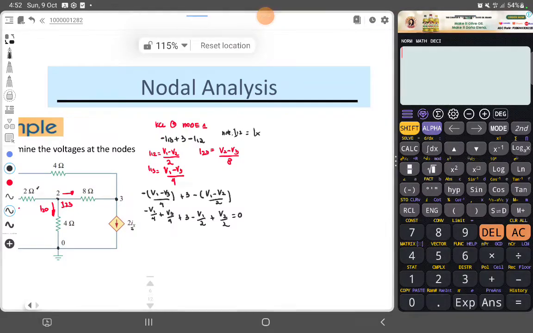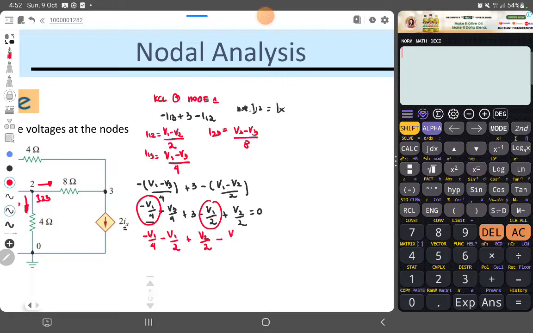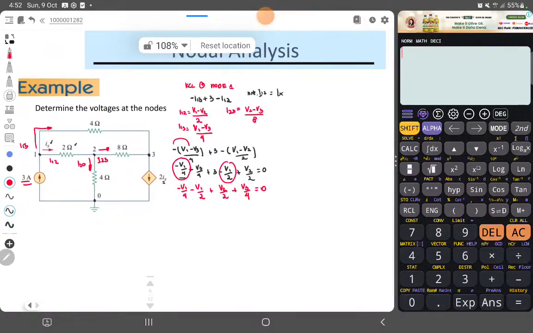So from here I will have negative V1 over 4 minus V1 over 2 plus V2 over 2 plus V3 over 4 equals 0. This would become positive, so V3 all over 4. Take note of our signs, because basically it may make or break our careers.